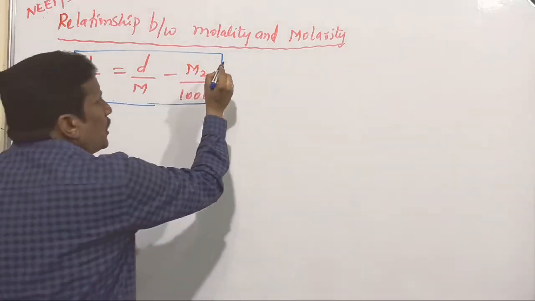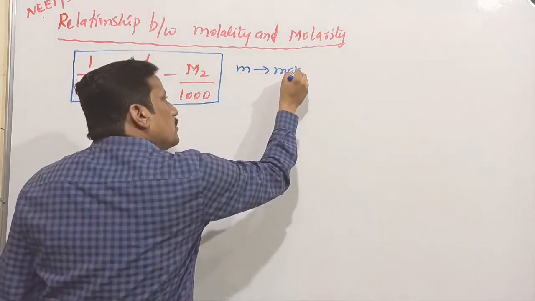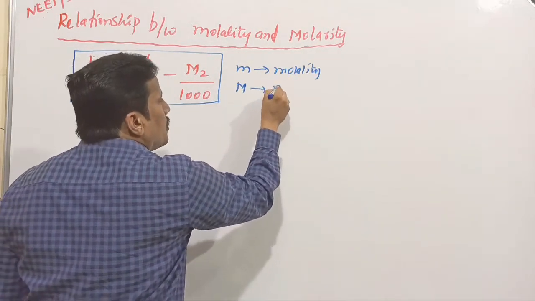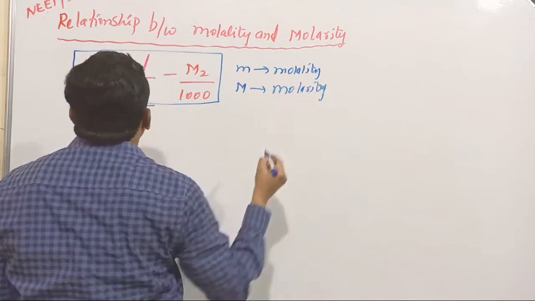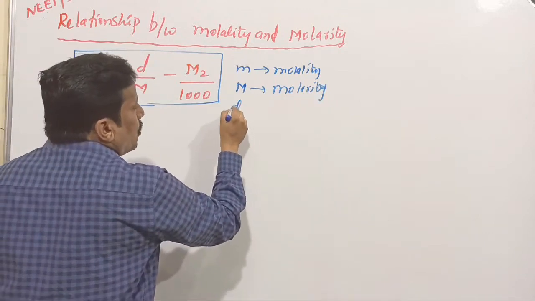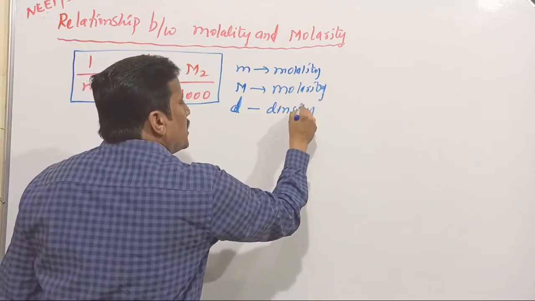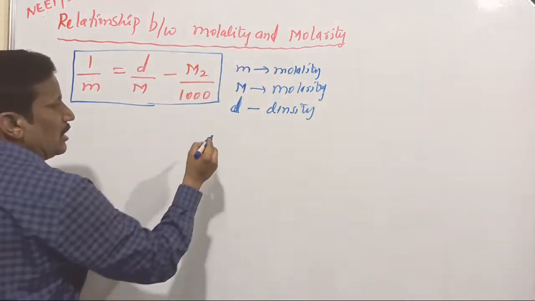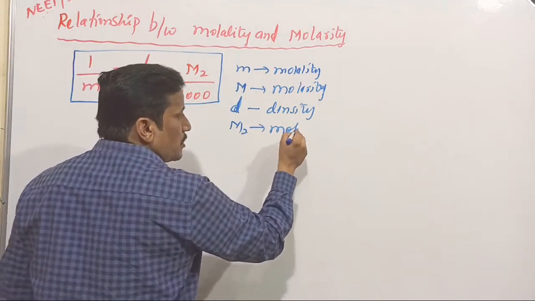Small letter m stands for molality. Capital letter M stands for molarity. Small letter d stands for density, which gives the relationship between molarity and molality in terms of density. M2 stands for molecular mass of solute.